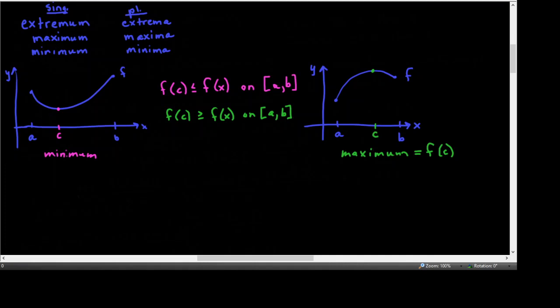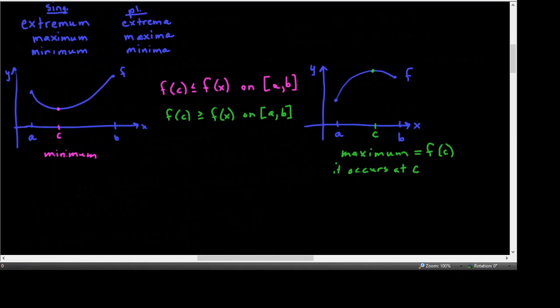I'm looking for a value of y, in that case population. So it would be f of c that is the maximum. The maximum occurs at c, the x value. But the maximum value itself, the maximum, is the y value f of c.